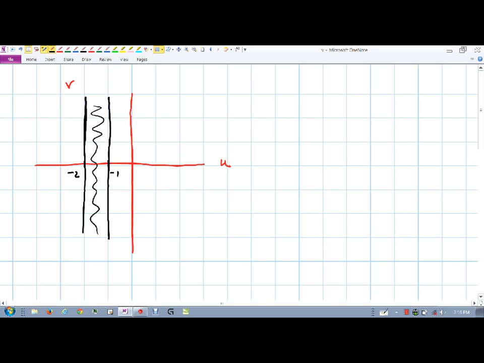U is between -1 and -2. Now my v should be between two things that will close off this rectangle and give me my new rectangle. Yes? Do y'all understand? I'm going from a region to a rectangle with this conversion.